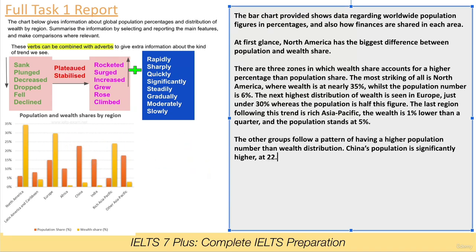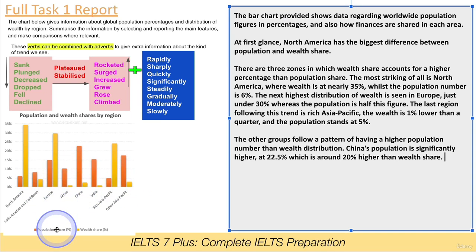At 22.5%, compared with, maybe around 20% higher, which is around 20% higher than wealth share. Okay, so that's China.